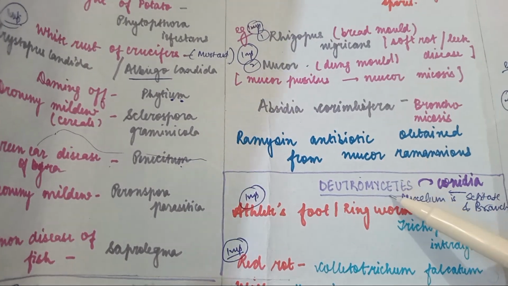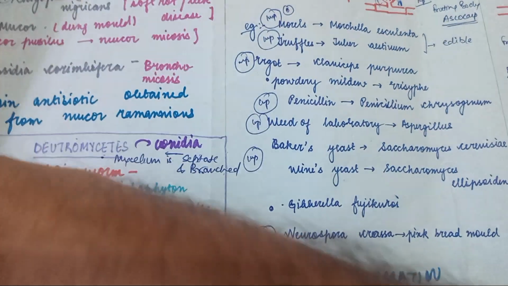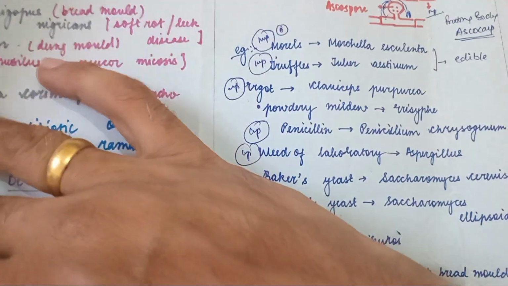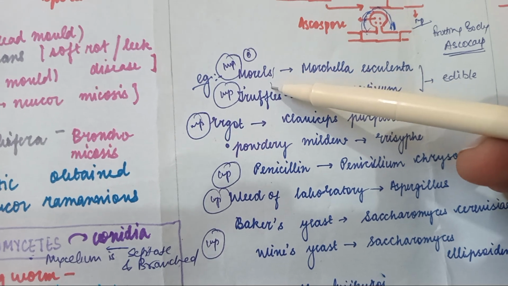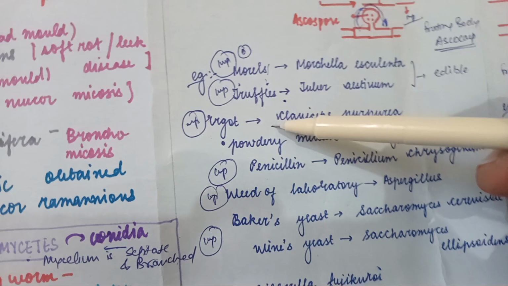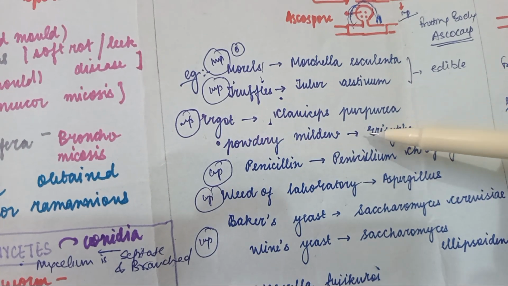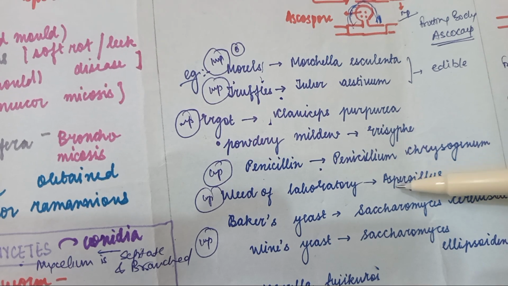Examples of the Ascomycetes are the morels, truffles, Claviceps purpurea, Erysiphe, Penicillium, and Aspergillus, which causes aspergillosis.